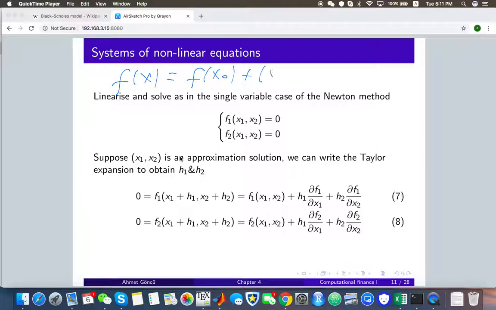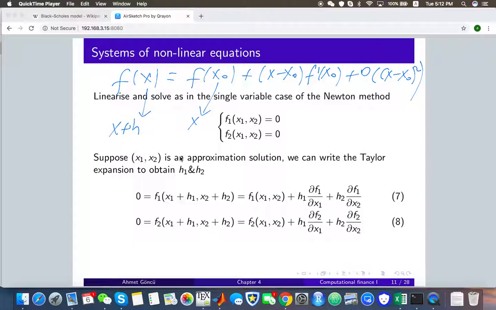Remember that if we write the Taylor expansion as we did last time, we have x minus x0, f prime evaluated at x0, and other terms, which I write as big O of x minus x0 squared. Notice that this x was substituted as x plus h, and instead of x0 we are just considering x.